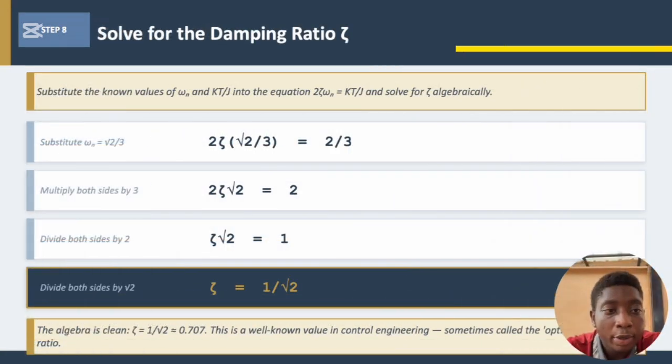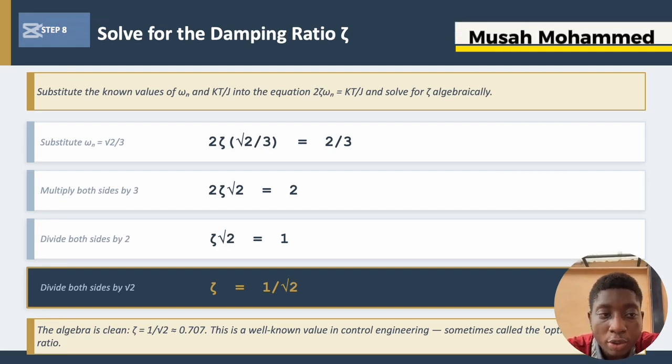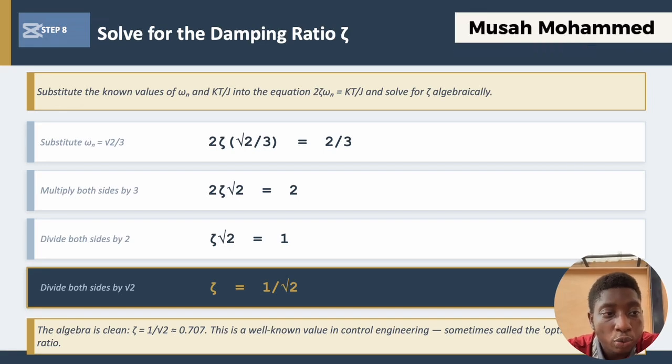My name is Musa Mohammed and I'll be taking you through the damping ratio calculation. From previous steps, we derived K over J equal to omega n squared, which simplifies to omega n equal to the square root of 2 over 3, and KT over J equal to 2 zeta omega n, which is equal to 2/3.